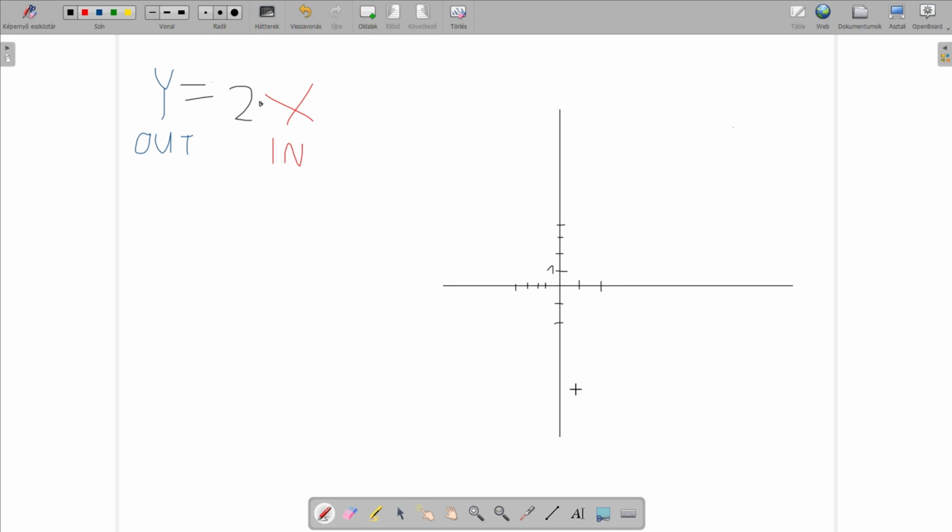Now I'm not a master of drawing, but it's not about drawing. If you have ever seen a coordinate plane, you probably know that it has 2 axes. We have a y-axis and we have an x-axis, and these are very, very important. Now you see we have a y here and we have an x here.